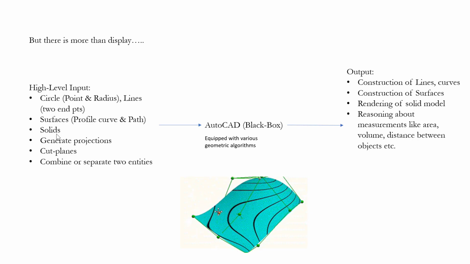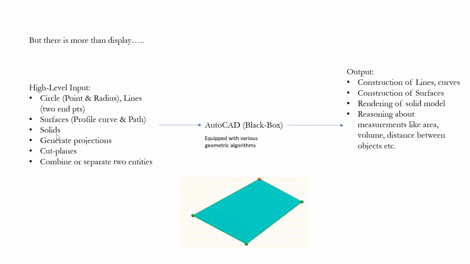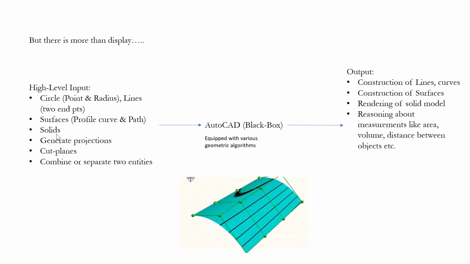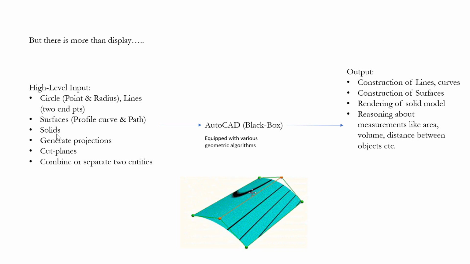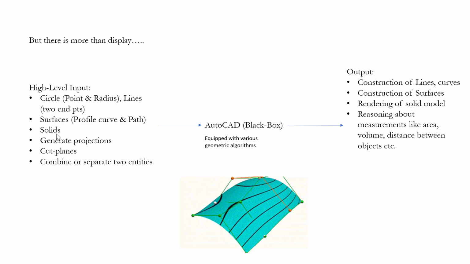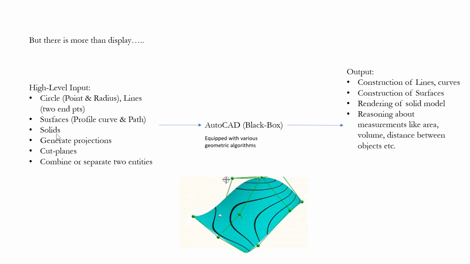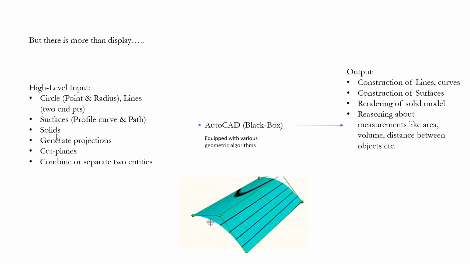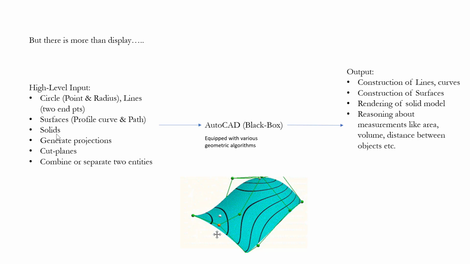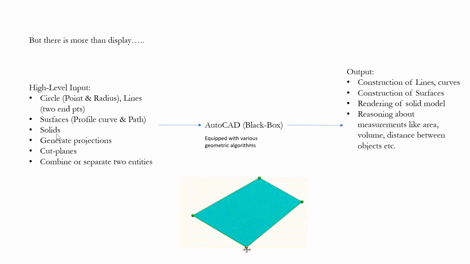You want to generate projections. Projections you have already seen, you have done that. That is possible. You want to cut and section the solid and view its internal details, or you want to combine multiple entities. For example, you can even construct a scene of a room containing a lot of objects with all kinds of lighting, coloring, and luminescence.